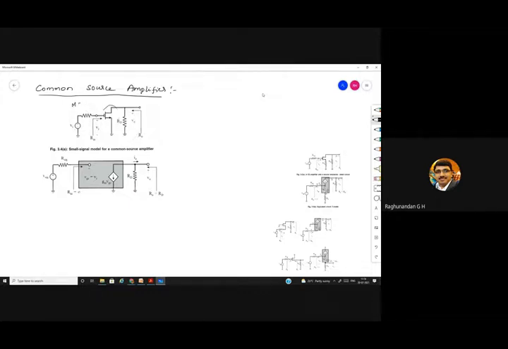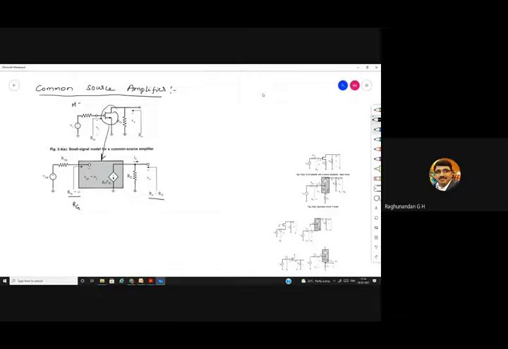Okay, so this portion is this. And as I told, Ri is infinity. Ri is nothing but Rg, Rg is infinity. And here Ro, that is the output resistance, is RD, the drain resistance.